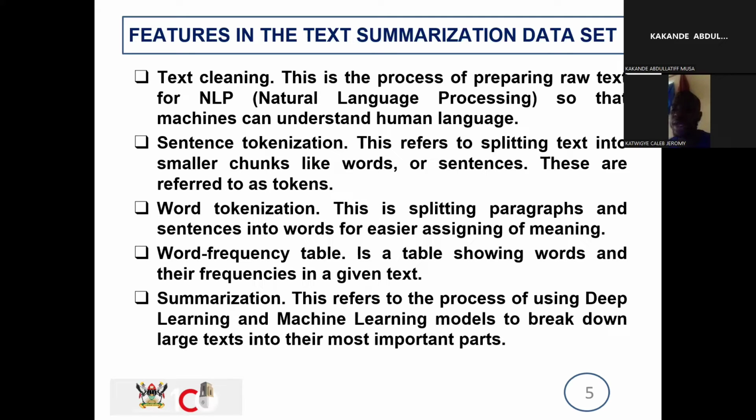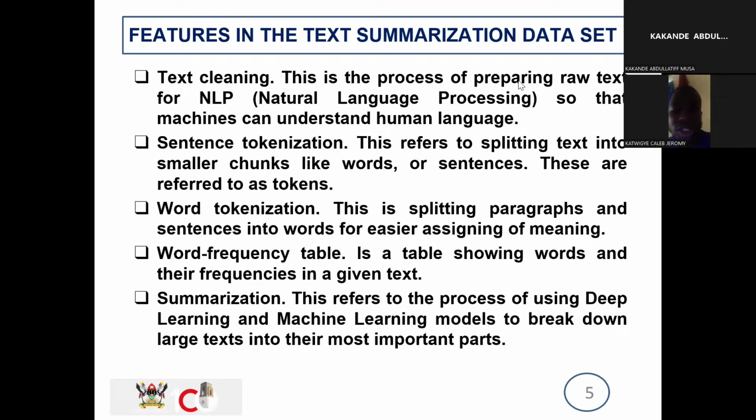Sentence tokenization breaks down a given paragraph, for example, into sentences. And then word tokenization breaks down a sentence into words. And then the word frequency table is just a table containing the given words in the given text and the frequency, the number of times they appear in that particular text.